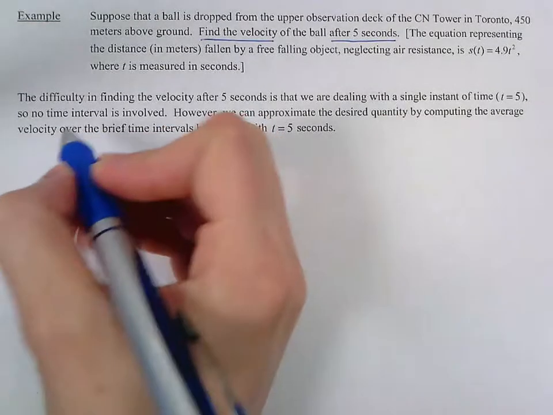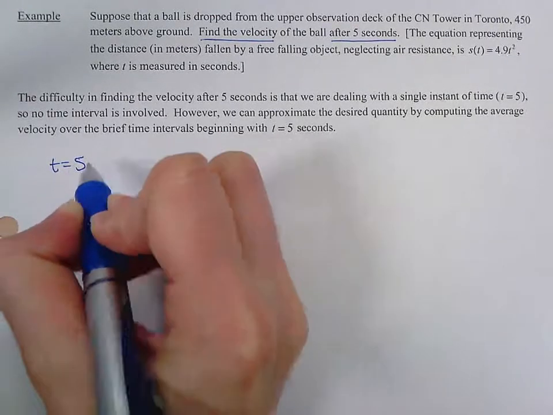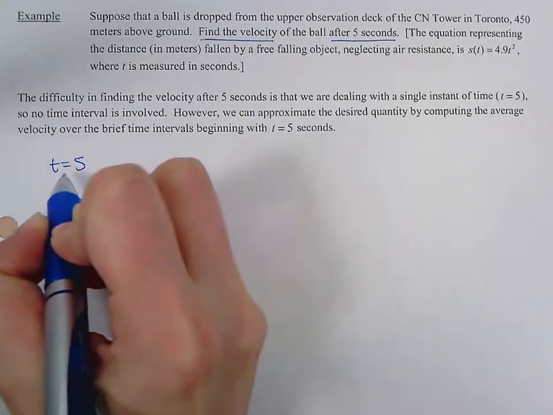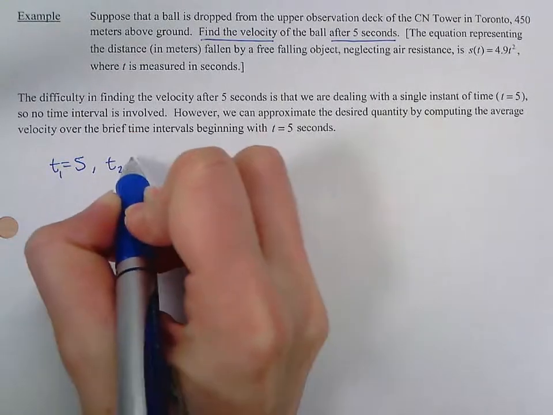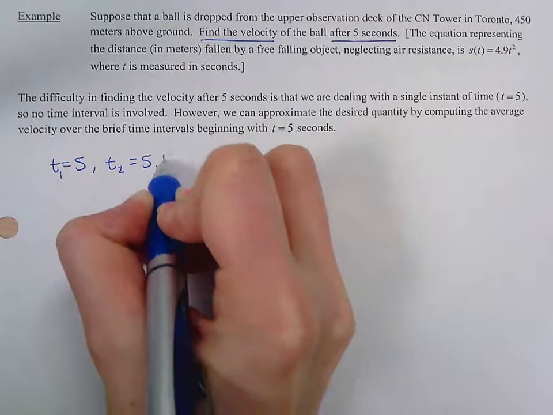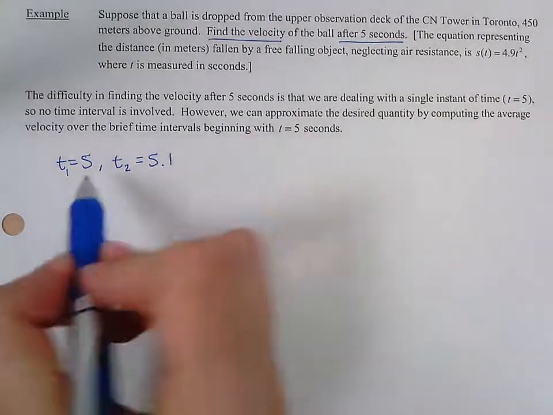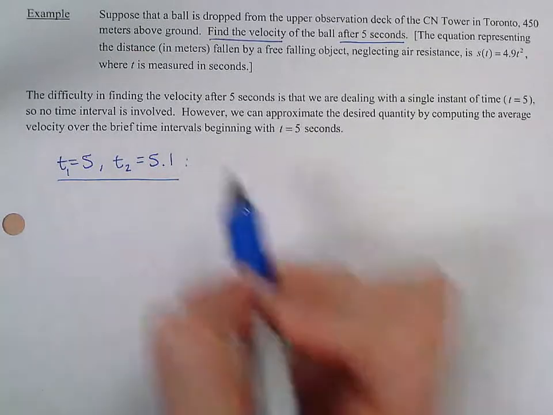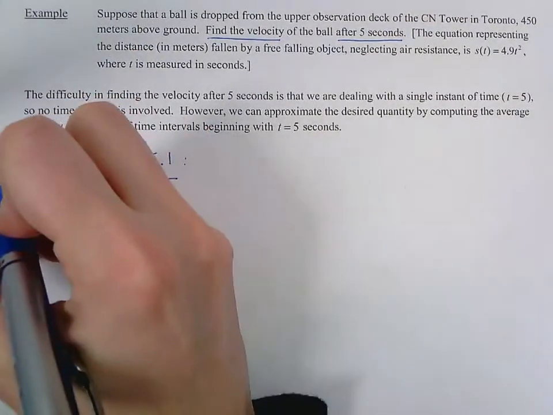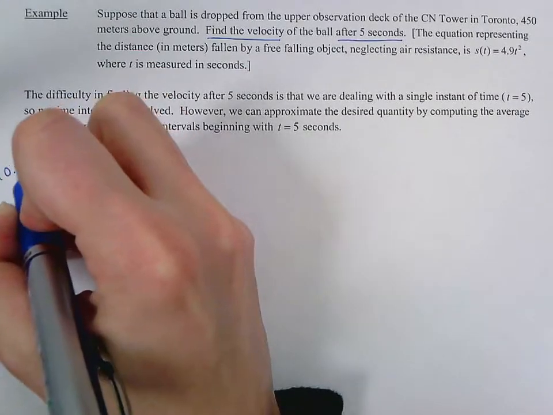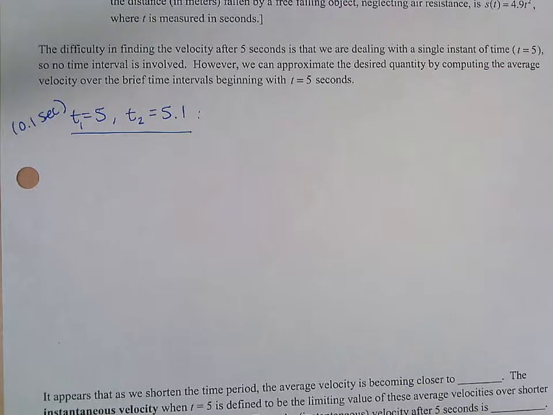Starting with t sub 1 is 5, and then t sub 2, I'll have be 5.1. So we're going to calculate the average velocity over this time interval, and again, this is a time interval of 1/10 of a second. So it's a very, very short time interval.